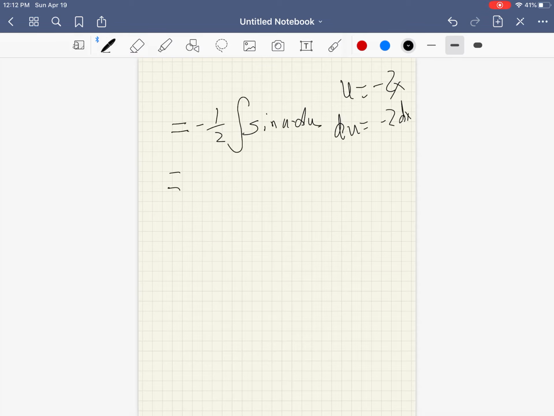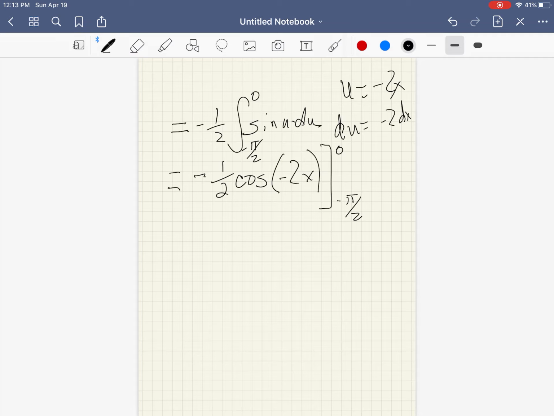Then we would end up with the integral of sine is negative cosine, and that's evaluated from negative pi over 2 to 0. I just went ahead and changed it back from the u here to make it easier to work with.